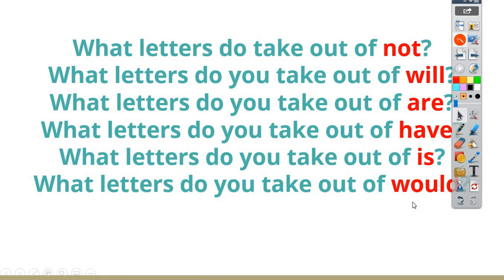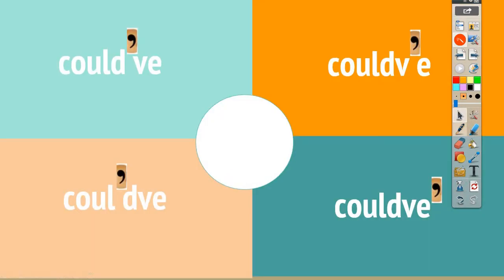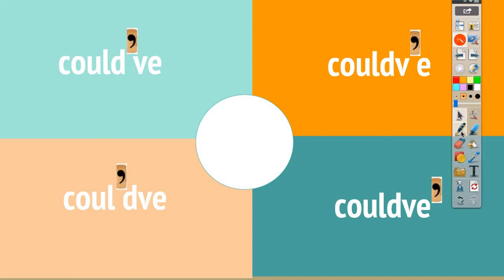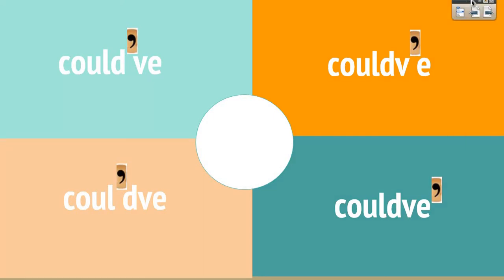All right, so let's try some of these on our own. You will need a board or a piece of paper because you're going to do this one on your own. And we're going to call this one number 1. And I'm going to put letters in each box.